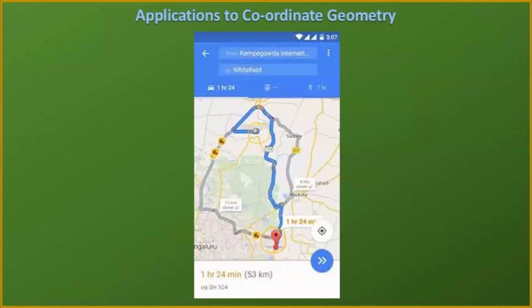If I go from the origin to the destination and want to find how much distance there is, the fundamental used is coordinate geometry only. So we have seen some applications. Now it is time, let us start the questions of exercise 3.2.